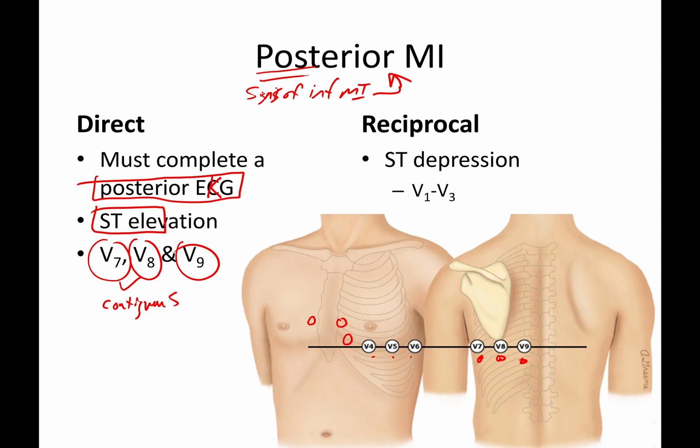And then to follow up on the reciprocal discussion, if you see ST depression in V1 through V3, because those are on the opposite side of the heart where the MI is actually occurring, makes sense. Depression on the reciprocal side, elevation on the direct side, which is why you have that.